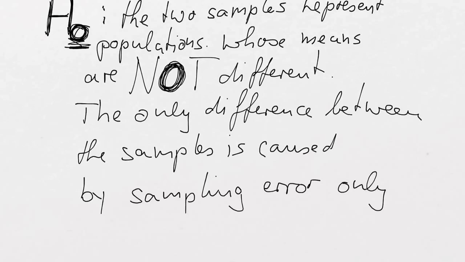That's sort of the short version. There's no difference between the samples other than caused by sampling error. Okay? Happy with that? I want you to remember that. I will ask that in your exam. You might encounter this in a test. Let's put it this way.